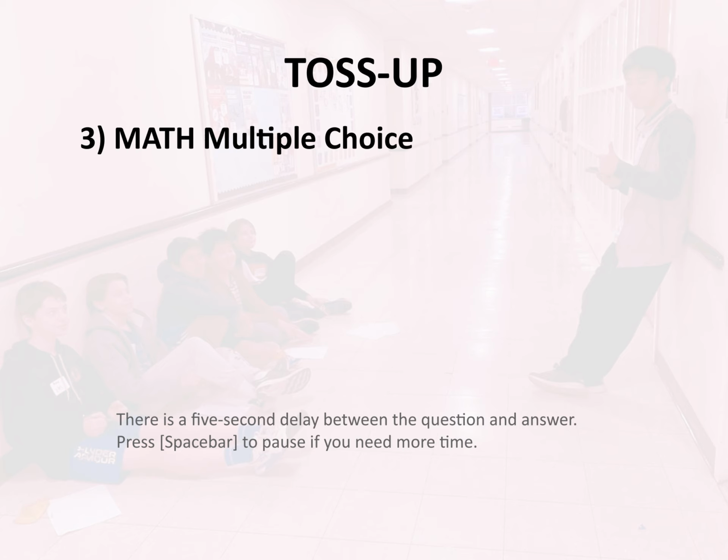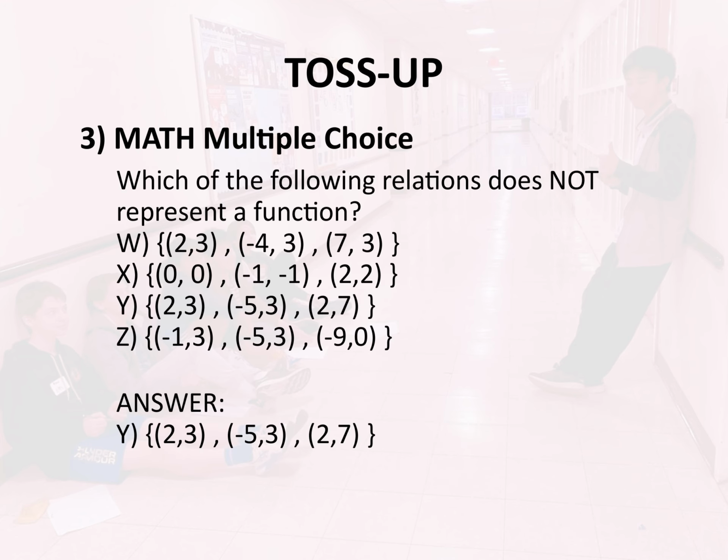Y, (2, 3), (-5, 3), (2, 7). Z, (-1, 3), (-5, 3), (-9, 0). Answer. Y, (2, 3), (-5, 3), (2, 7).